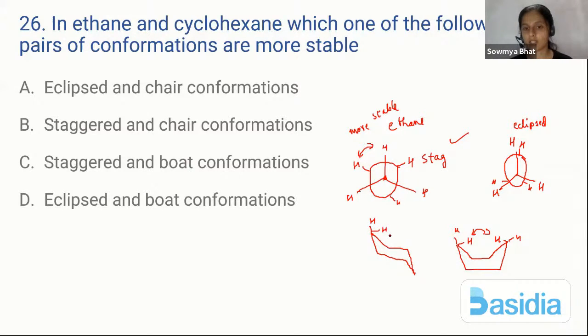But if you consider the carbon atoms here, they are in different planes, because of which they are in different angles, different directions. Because of this, the chair form is more stable than the boat form. So the correct answer would be the staggered form and the chair conformation. That's option B.